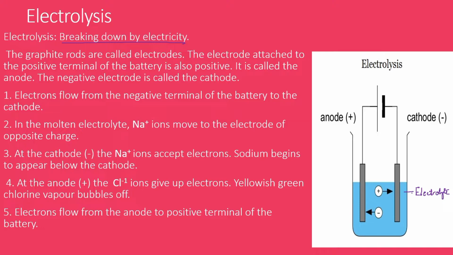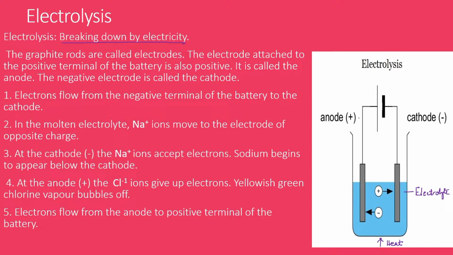Now, when the process of electrolysis happens, the electrolyte has to be kept in a molten state. So it has to be heated. Heat must be supplied to keep the salt molten. Now you can see a battery.